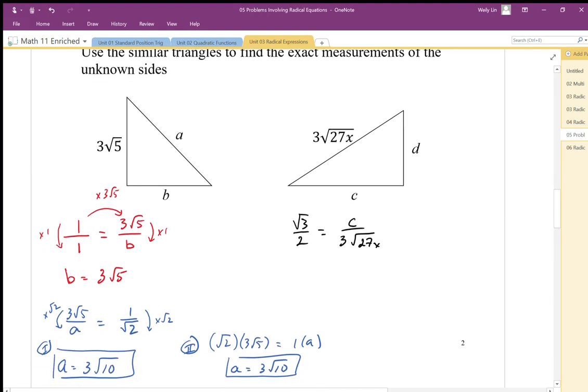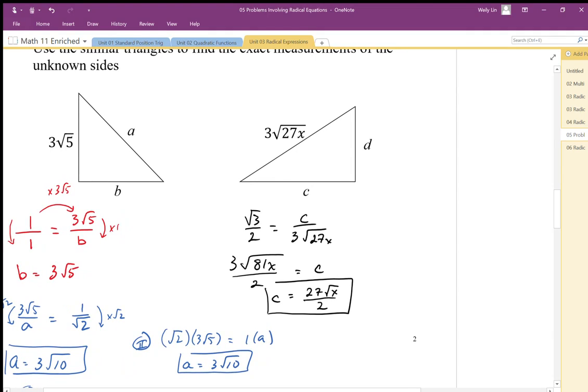Then I can just cross multiply here, so I end up with the square root of 3 on the outside, 81x, and that's all over 2. That's going to give me side C. I should simplify that. There's a perfect square there, so I factor out the 9, multiply it times 3. I'm left with x and all over 2. So there's my value for C.